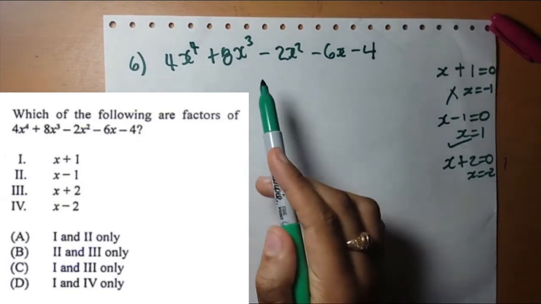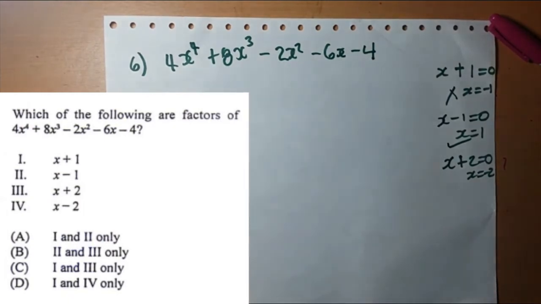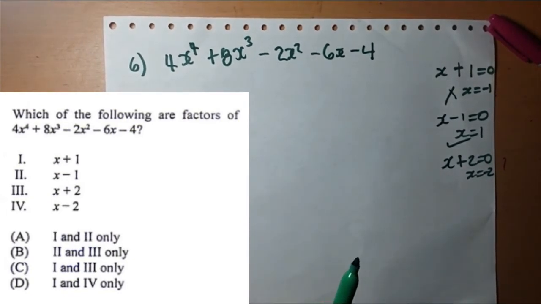8 times negative 2 cubed, that would be negative 8, right? Minus 2. So negative 2 squared, that is 4.